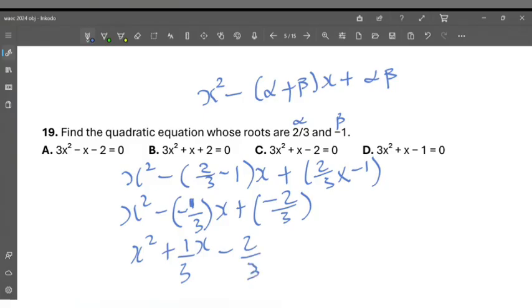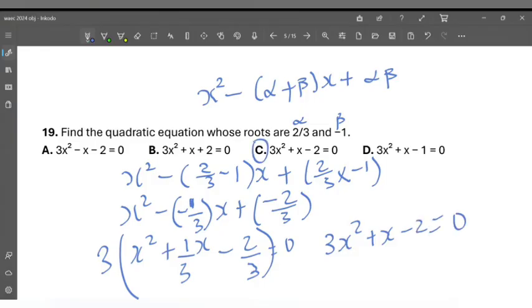So this is my quadratic equation, but then I want to multiply all through by 3 to cancel these fractions of 3. So multiplying everything, you are going to have 3x squared plus x minus 2 is equal to 0, which is option C.